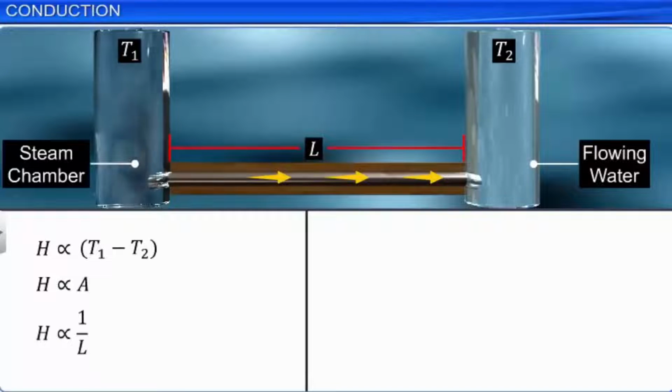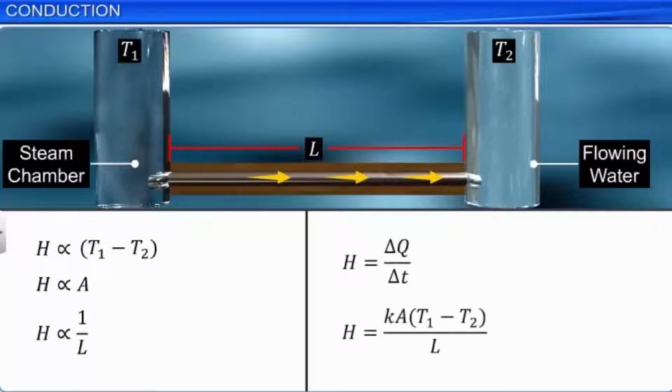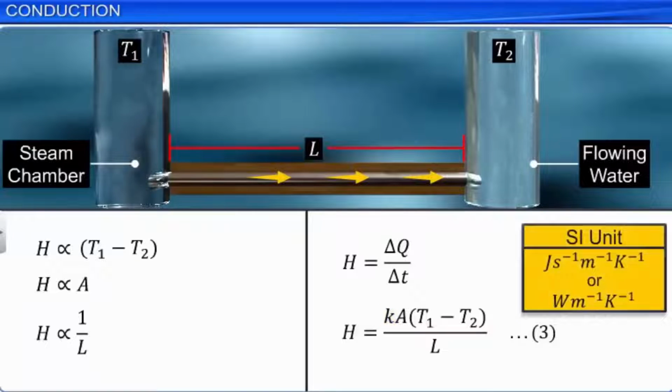That is, H is equal to delta Q by delta T, which is equal to K A into T1 minus T2 by L. Let this be equation 3, where K is the proportionality constant and is called the thermal conductivity of the material. The SI unit of thermal conductivity is joule per second per meter per Kelvin or watt per meter per Kelvin.